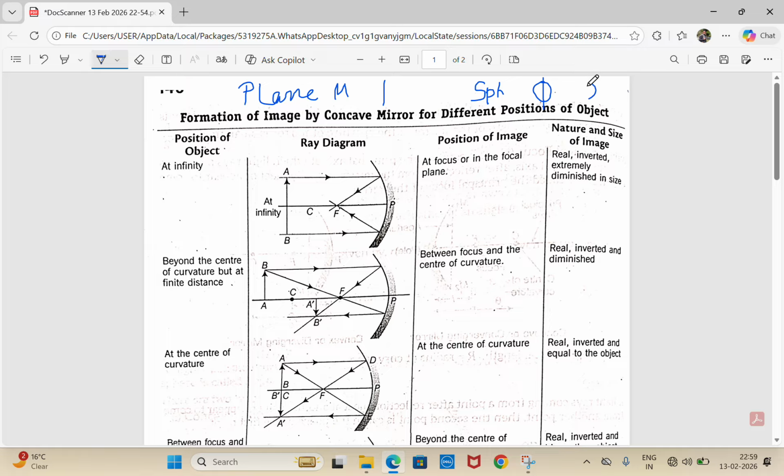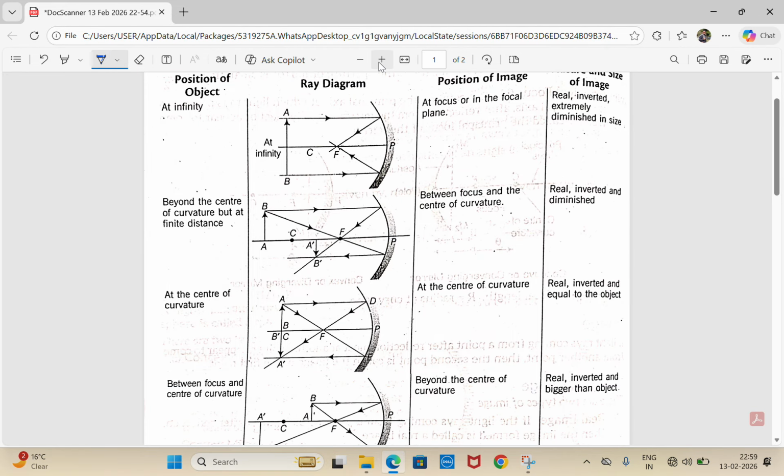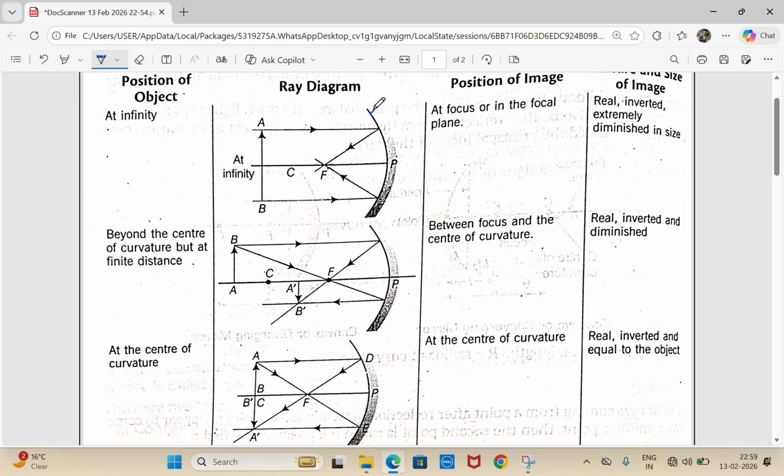Whether the reflecting surface is inside or outside depends upon whether the mirror is concave or convex. While discussing the concave mirror, as we know, cave means inside, and here the reflecting surface is inside.